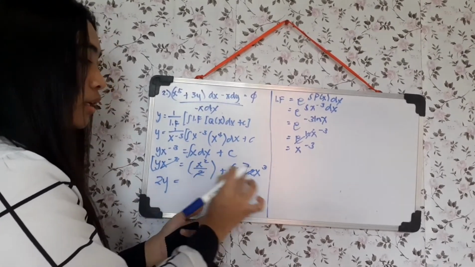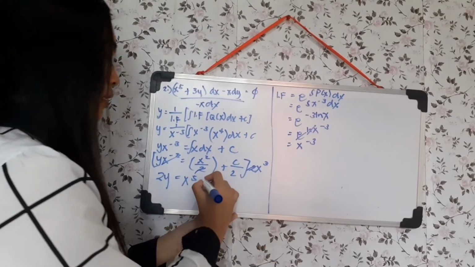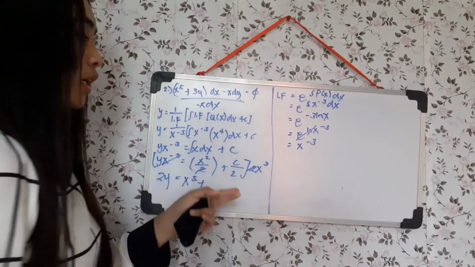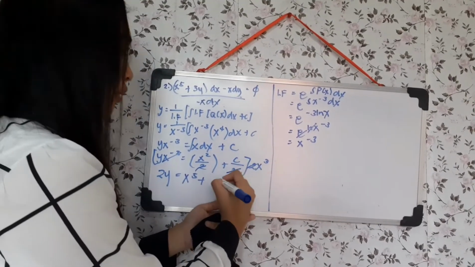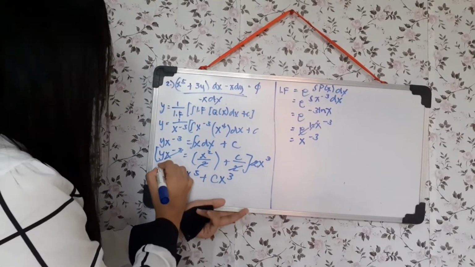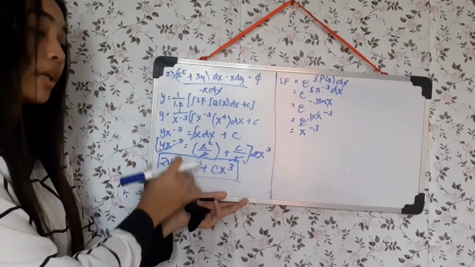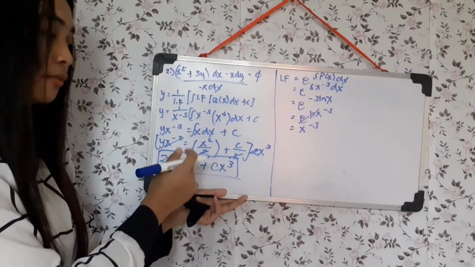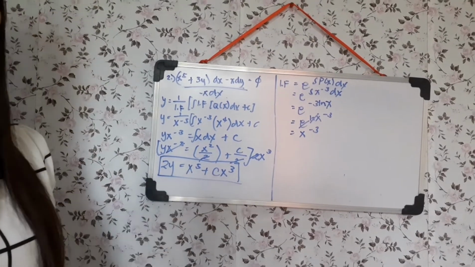So x squared times x cubed is equal to x fifth, plus c over 2 divided by 2x cubed, so cancel. We have cx cubed. So we got the final answer of 2y equals x raised to the fifth plus 6cx cubed. So this is the final answer.